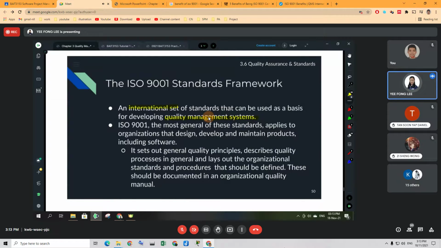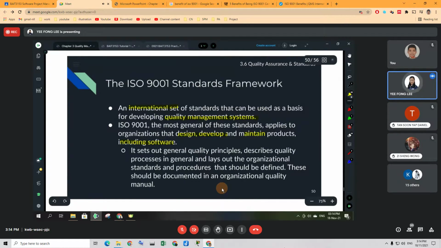Can be applied in a range of organizations from manufacturing until service industry. So this is a standard framework. This ISO 9001 is the most general of the standards, applied to organizations that involve design, development, maintenance, including design, development, maintain software. So we can refer to this standard framework.